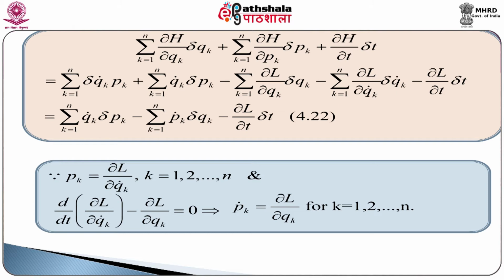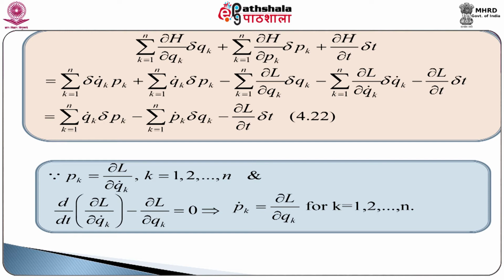Simplifying, we get summation k equal to 1 to n del H del qk delta qk plus summation k equal to 1 to n del H del pk into delta pk plus del H del t into delta t equal to summation k equal to 1 to n qk dot into delta pk minus summation k equal to 1 to n pk dot into delta qk minus del L del t into delta t.